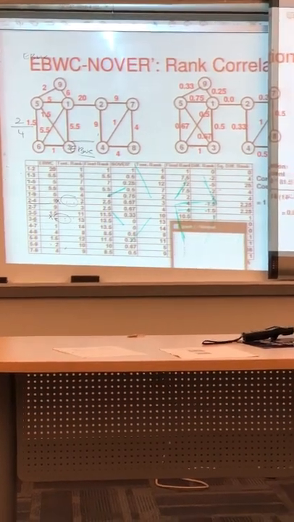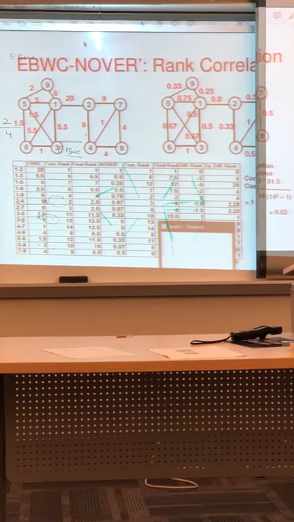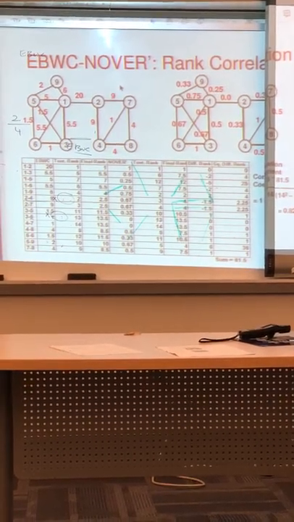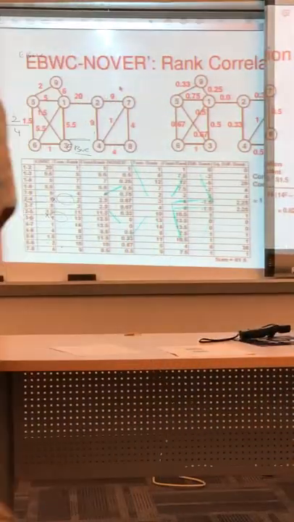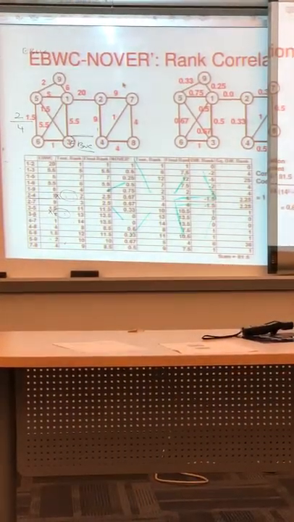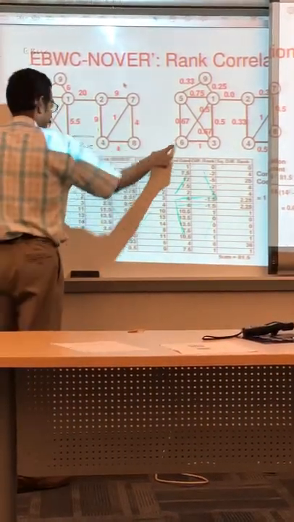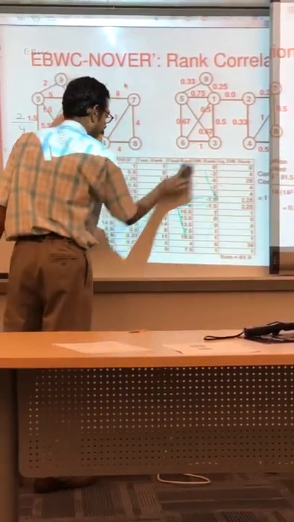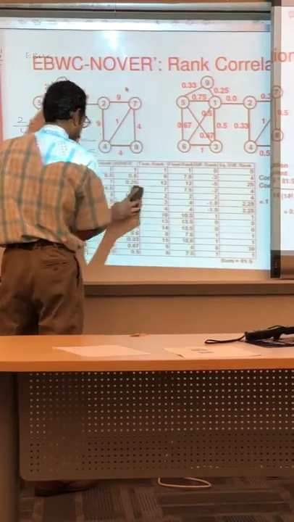For the same graph that we did earlier for edge betweenness, these are the neighborhood overlap scores. Now we need to determine the complement of them. So let us go through this example.